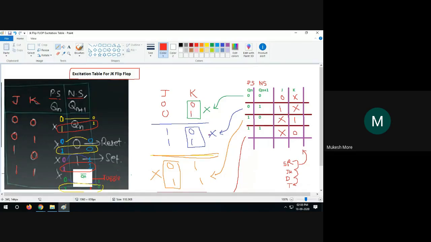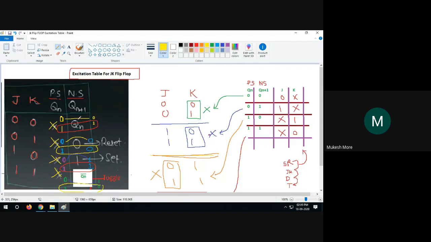So we are dealing with the next state of JK flip-flop. Now, as we don't need the present state, we consider the present state a don't care for the JK flip-flop truth table.